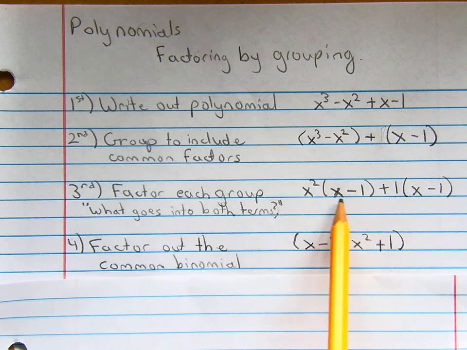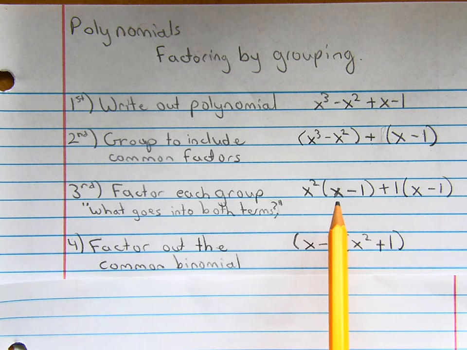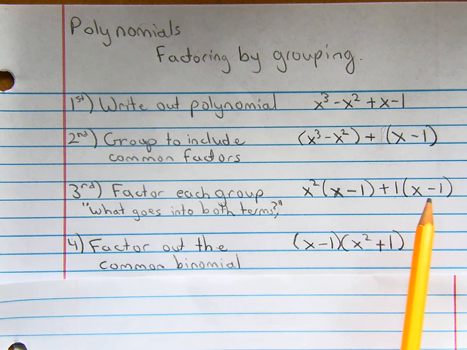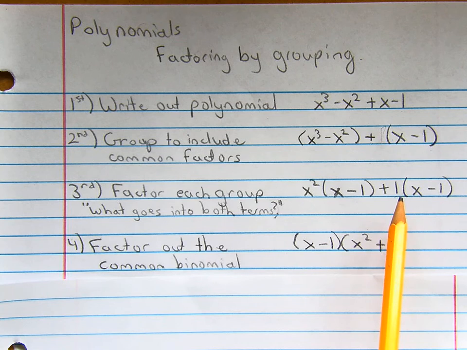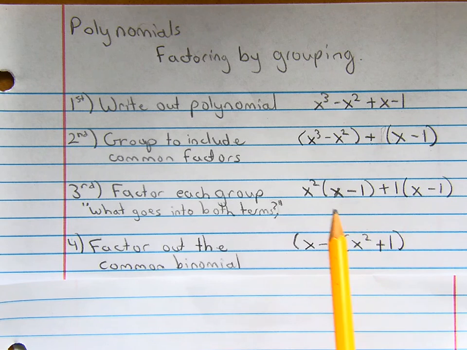So this whole entire group here, we're going to divide by x minus 1, which means it's going to cancel, leaving us with an x squared. And over here we're going to do the same thing. We're going to divide by x minus 1, leaving us with a plus 1. So we get this answer here. So we factor out the common binomial that both terms have.